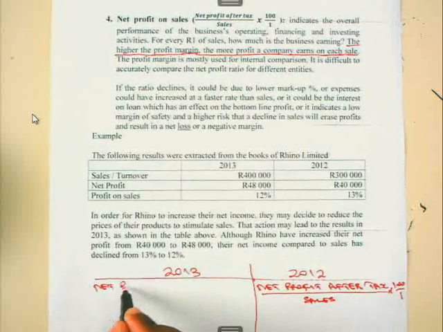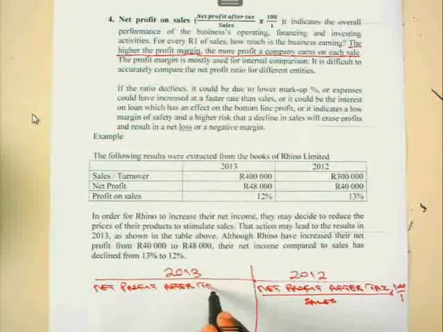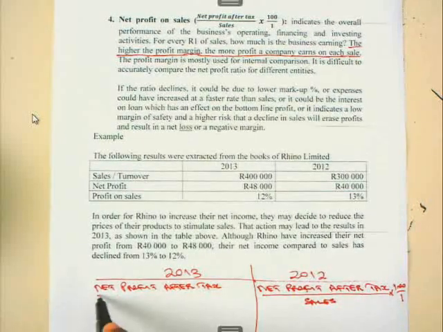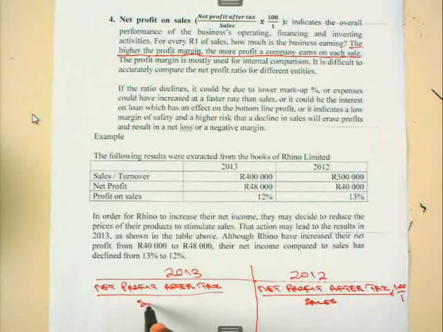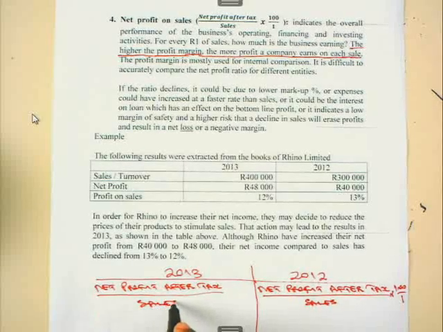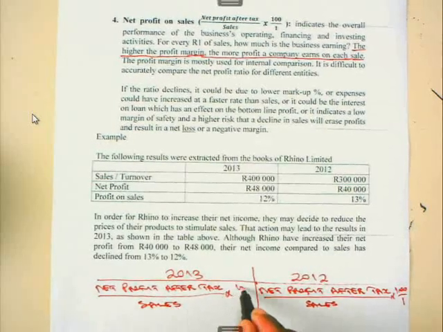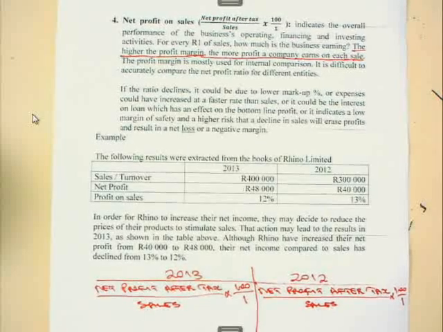It will be the net profit after tax over sales, multiplied by 100 over 1.